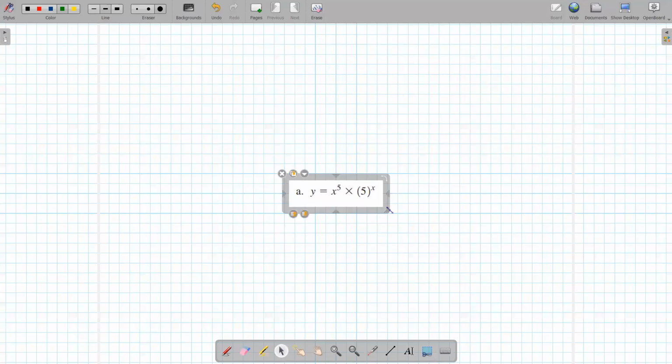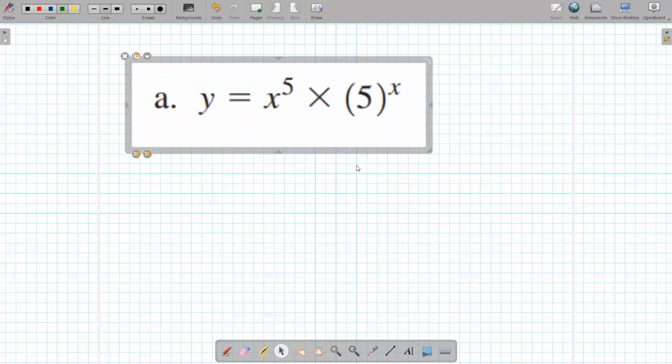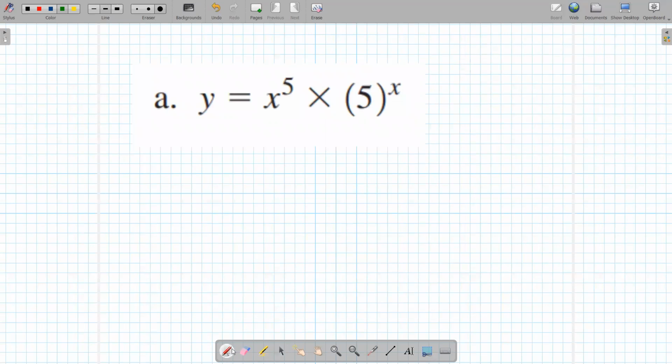Let's look at this. You have a polynomial function for f, and then you have an exponential function for g. What is the derivative of this? What rule do we use? You've got to use the product rule, right?